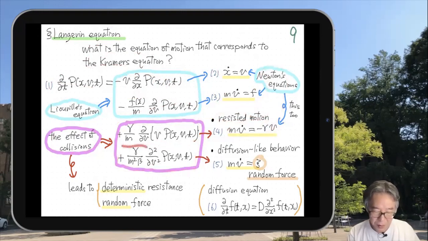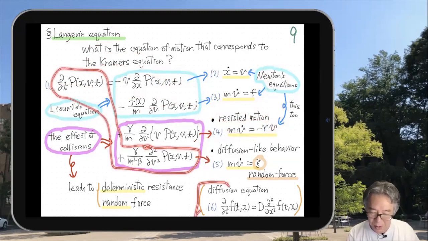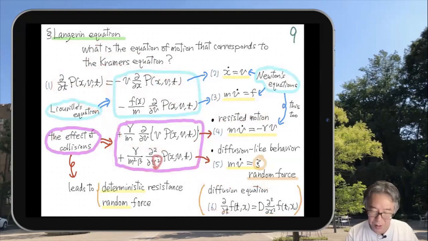And if you look only at this part, you will find that this looks like the diffusion equation, but for v. So this is nothing but the diffusion equation for v. And this is different, and we will show that the equation of motion corresponding to this diffusion-like behavior is this one.